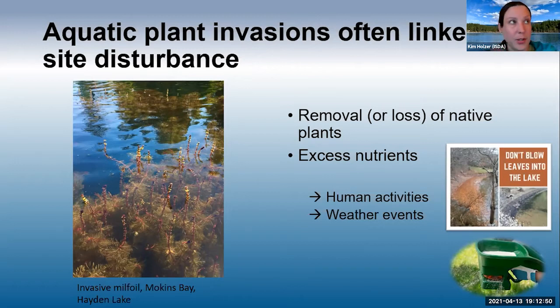And there was a nice article in the Coeur d'Alene Press last fall. One of the ways that you can inadvertently kind of promote the invader is by blowing your leaves into the lake, giving that huge pulse of nutrients and organic matter. So thinking about ways that you can cultivate healthy natives and not foster or cultivate the invader is really useful.